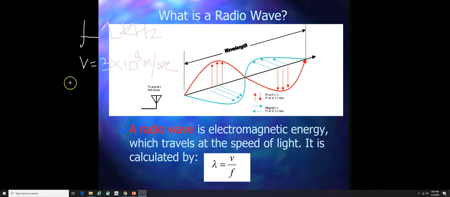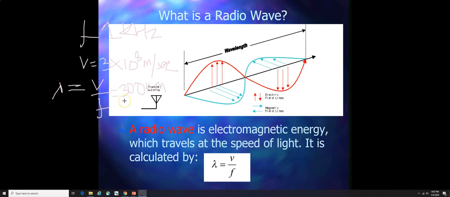So the wavelength will be given by V by F, and if you do the math, you will get around 300 kilometers.